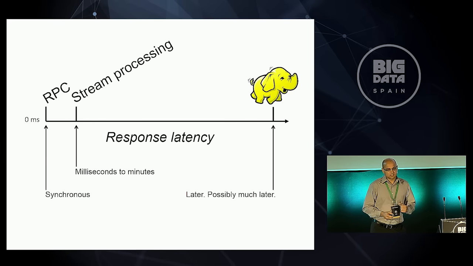All right, so real quick on this. I think you might have seen this slide before. This is just to indicate that on one end, we have RPC style, synchronous services, which is like every web service website out there. On the other hand, we have Hadoop, Spark-like processing, which is done at a much later time frame, possibly hours, even days after the work actually happened. And then we have stream processing.